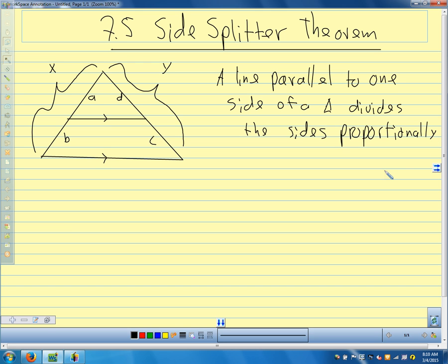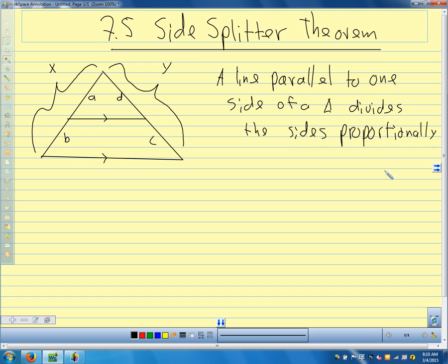Now let's remember proportionally. What do we mean when we say proportionally? Do you remember? We've been talking about proportions for all the chapters. It has to do with fractions, and proportional means the fractions are equal.